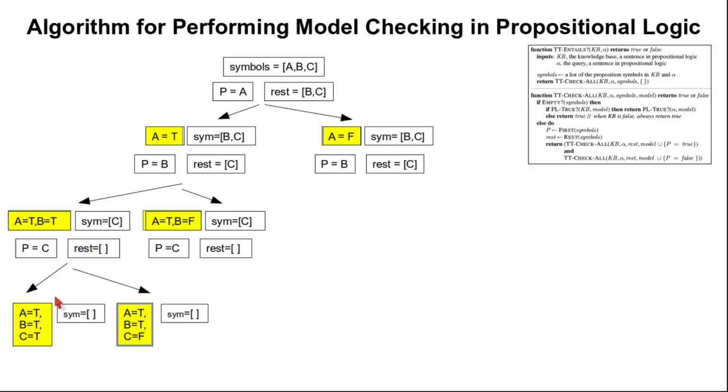But entailment is not yet complete. We have to check for the other model also. At least for this model where knowledge base is true, alpha is also true, so we will return back true. So the first thing is to check whether the knowledge base is true here, and if it is true, then we check whether alpha is true or not. And if that condition is satisfied, we will return true from this particular call.